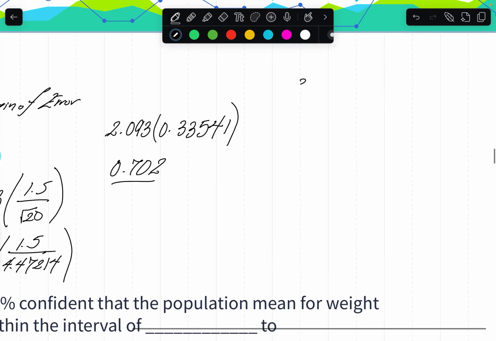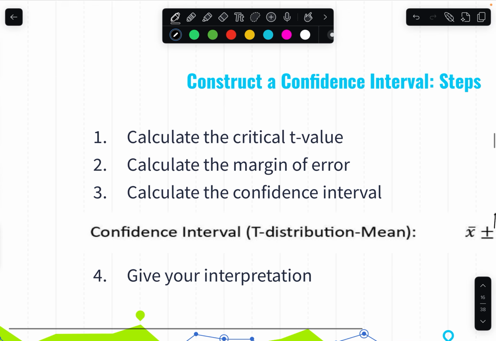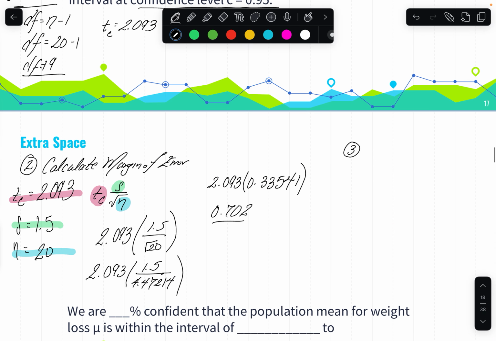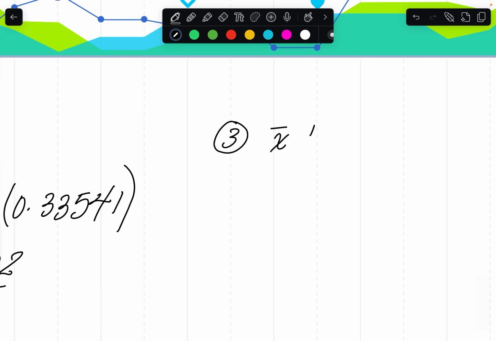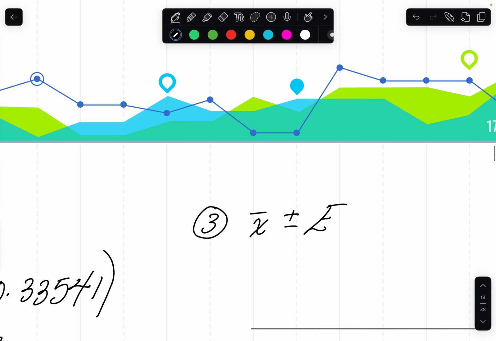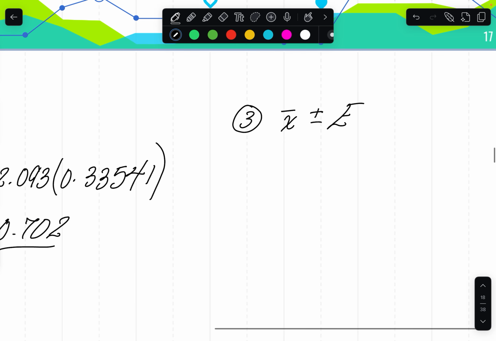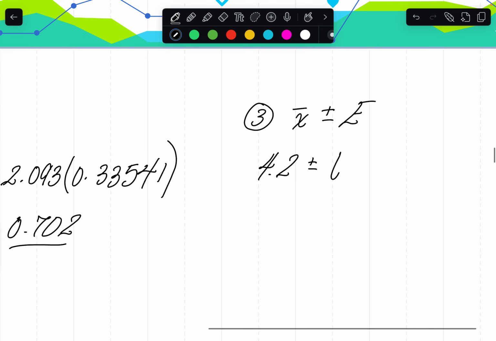Okay. This next step here is to combine that number that we found to calculate the confidence interval. That equation is going to be x bar plus or minus the margin of error, which I'm going to denote as E here because we just calculated that in step 2. And we need to know what the sample mean was. On this equation, it said that the sample mean is 4.2. So we're going to take 4.2, add or subtract 0.702.